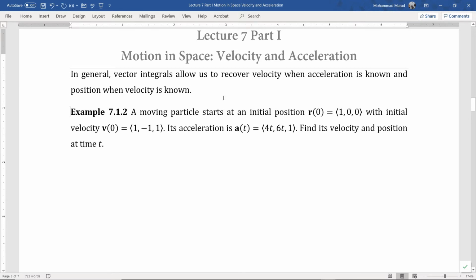A moving particle starts at an initial position, r at 0 is the vector with components 1, 0, 0, with initial velocity the vector with components 1, negative 1, 1. Its acceleration is given by the vector with components 4t, 6t, 1. Find its velocity and position at time t.